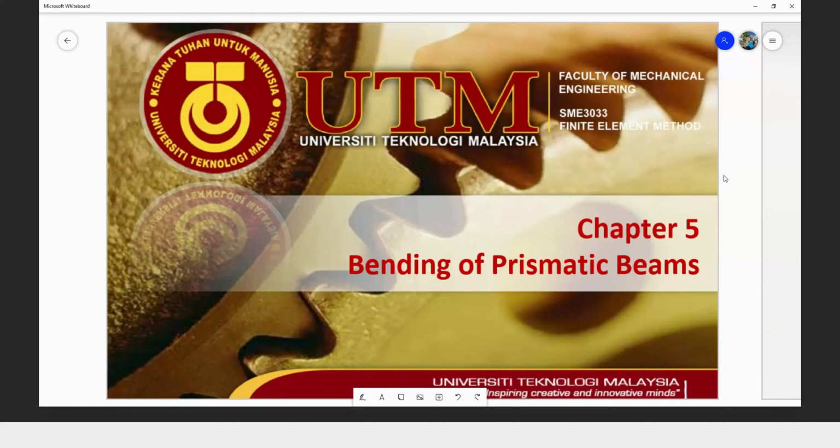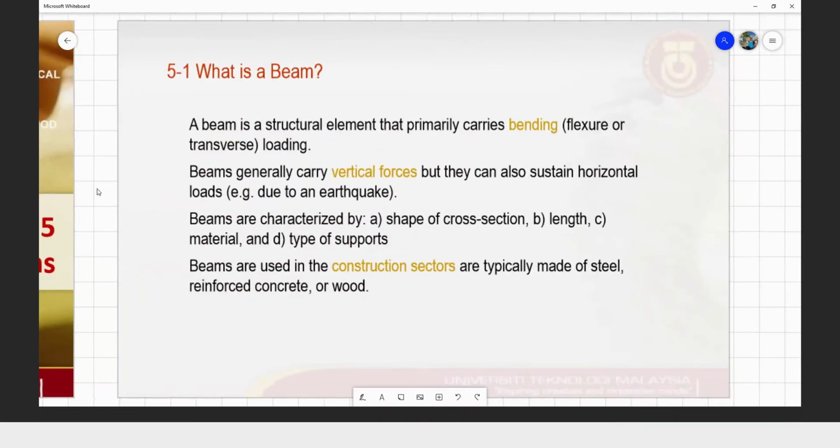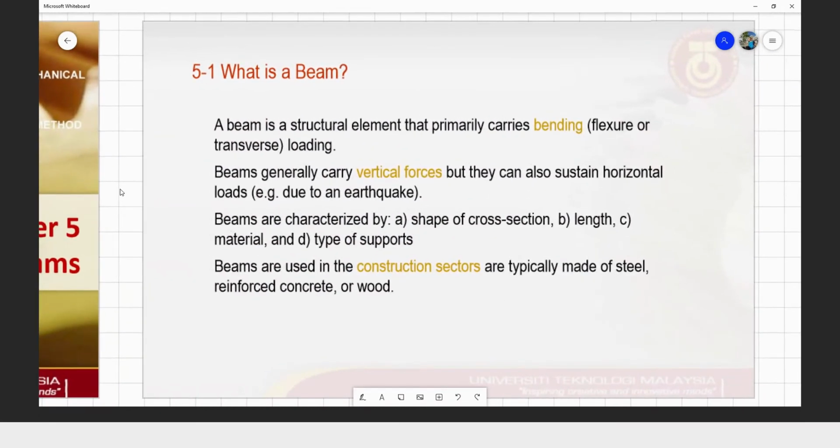All right, let's look at this a bit of introductions. So it's mentioned here, beam is a structural element that primarily carries bending, which is in the form of flexures or transverse loading. So this is the keyword, bending here.